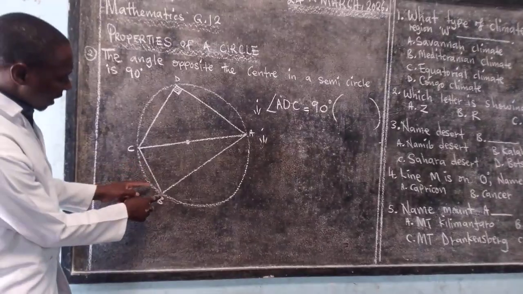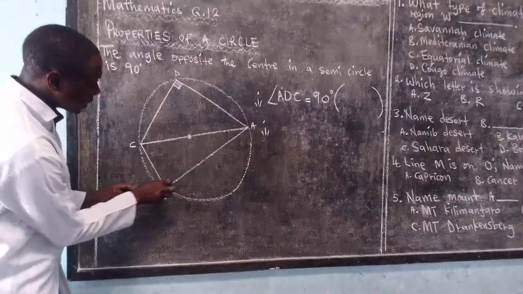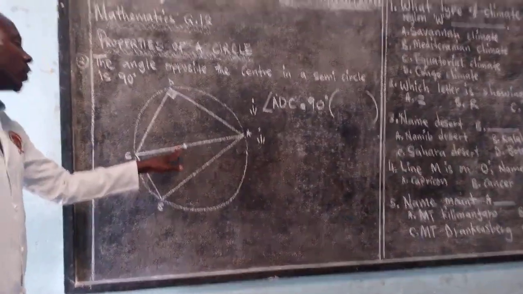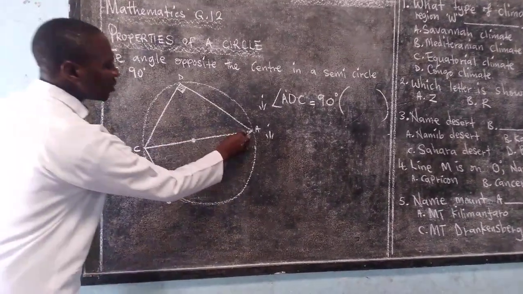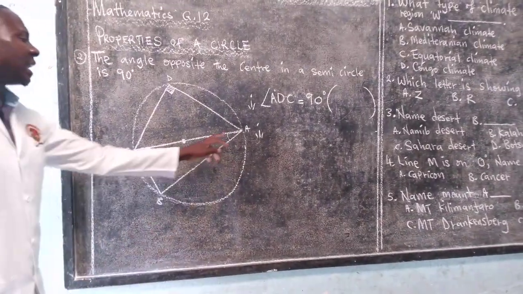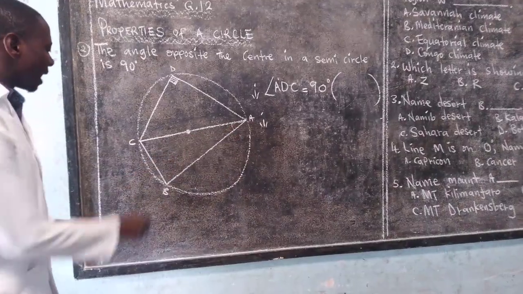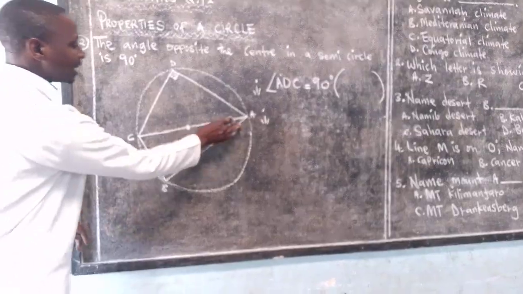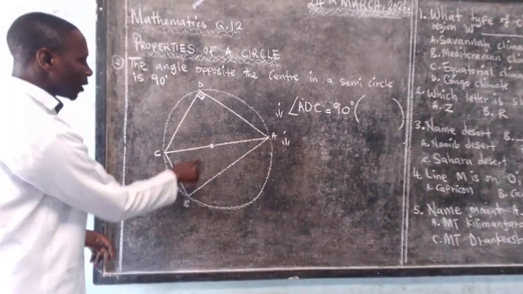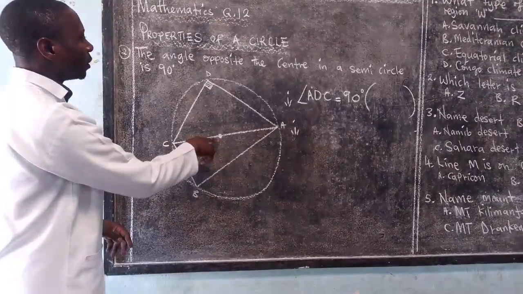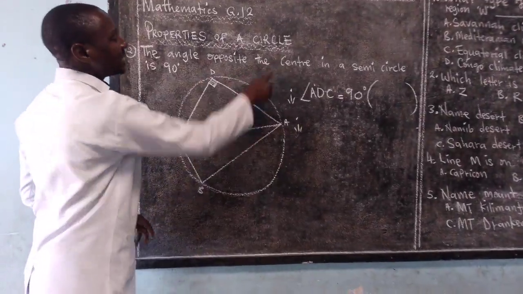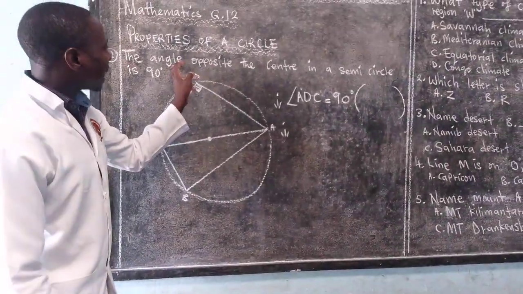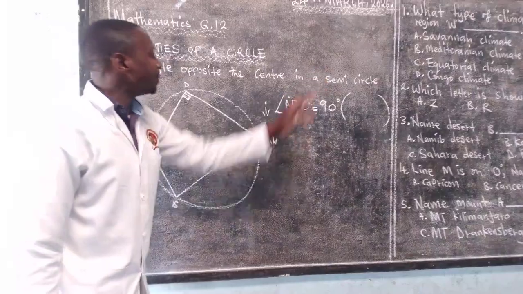We have another angle which is opposite to the semicircle. This is not opposite. Again, this one is not opposite to the semicircle. But this one is opposite to the semicircle, the angle opposite to the center in a semicircle.